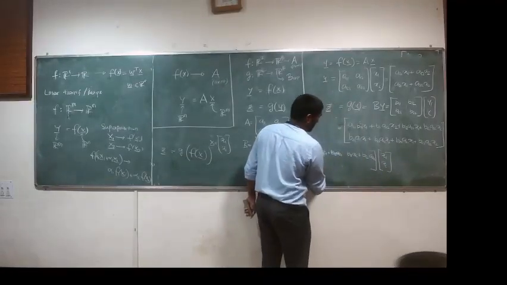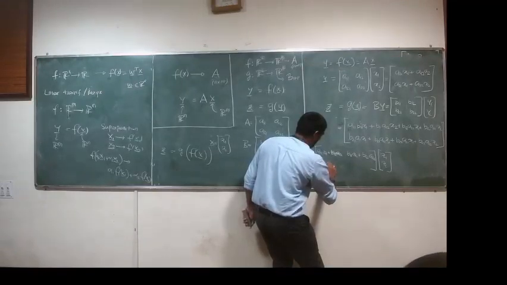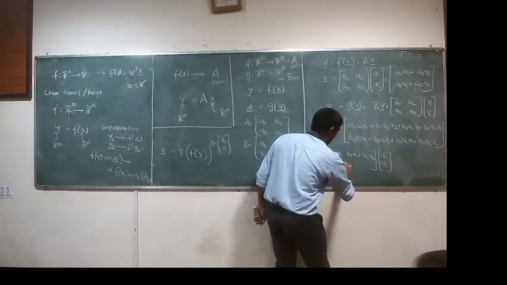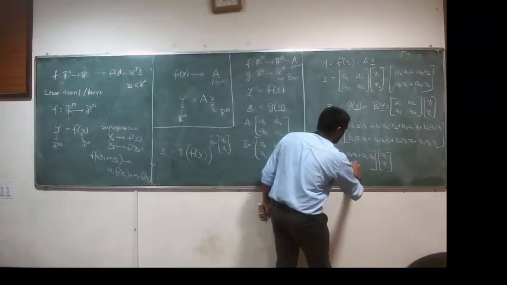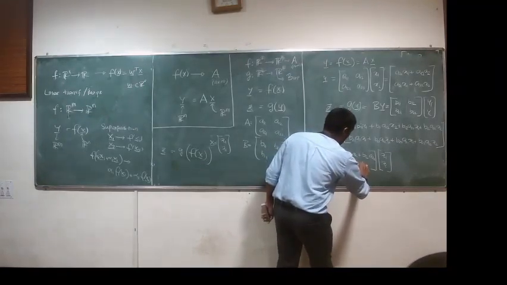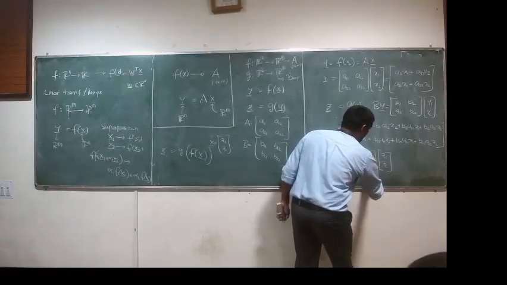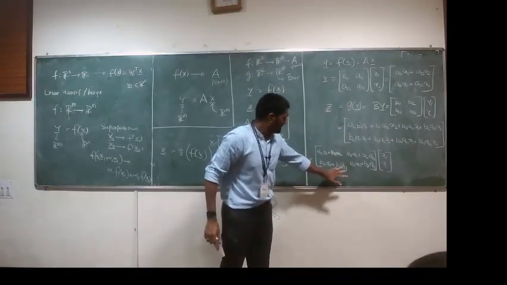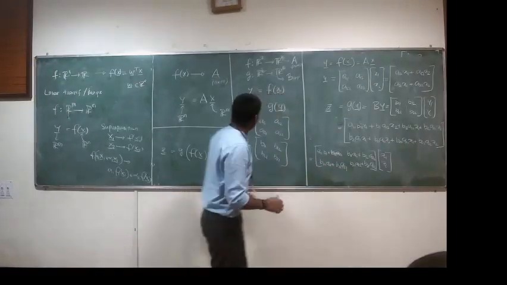What about this? Similarly, it will be B21 A11, B21 A12. Let's just leave it like this.